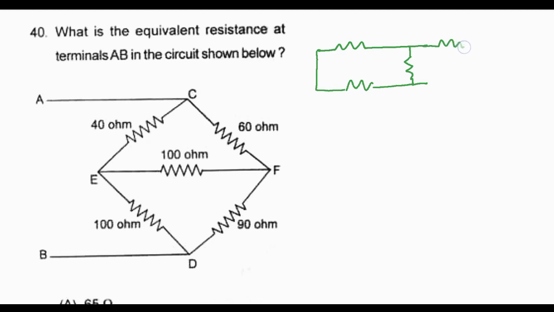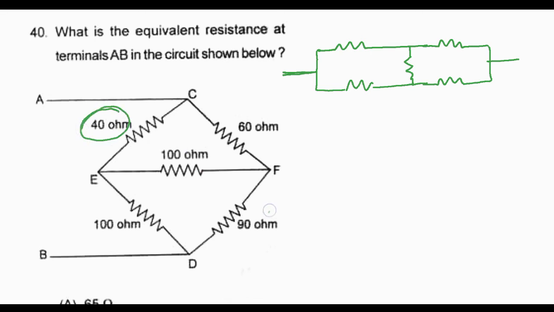You may be thinking why I am representing it like this, because we cannot omit this one. You generally come across questions in which we have to omit that middle resistance and simply calculate by series and parallel methods, because we get the balanced condition of the Wheatstone bridge.